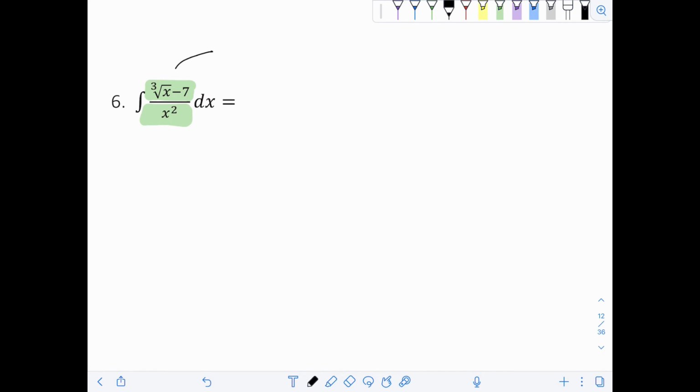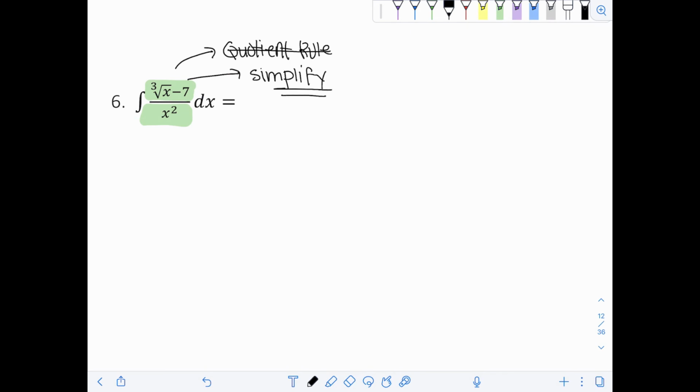If we were taking a derivative, that's when we would use a quotient rule. There's actually no quotient rule or product rule for integration, so that's not going to work here. But what we could do is try and simplify first, and then integrate.